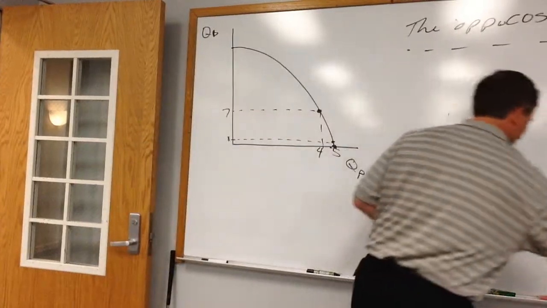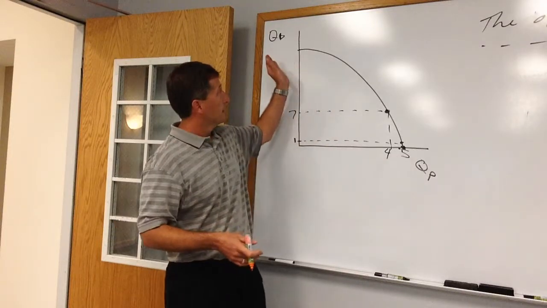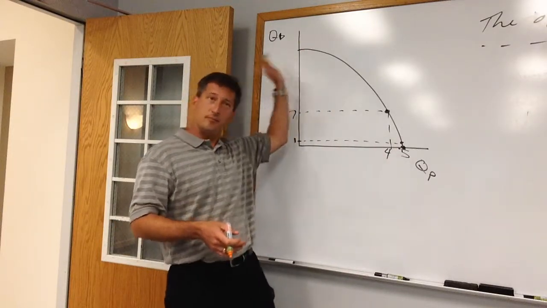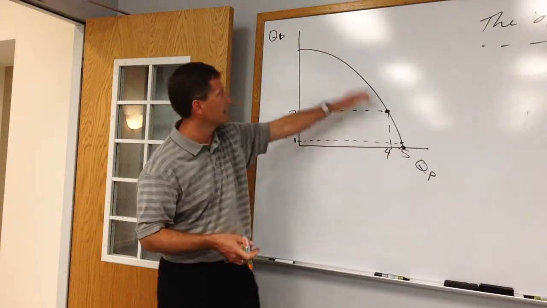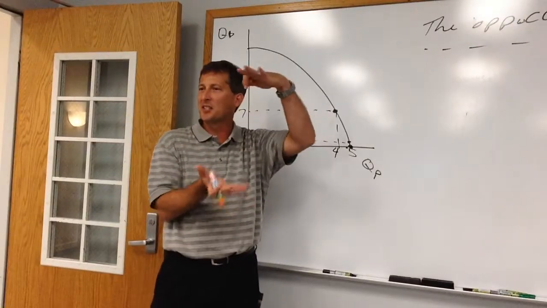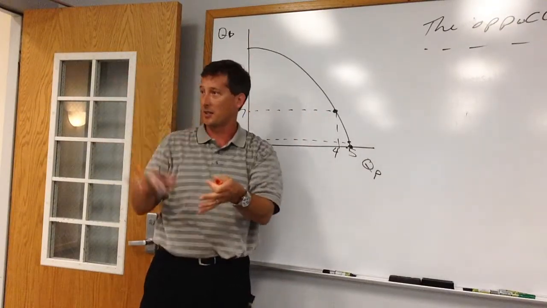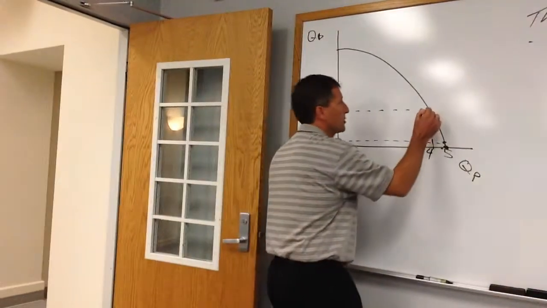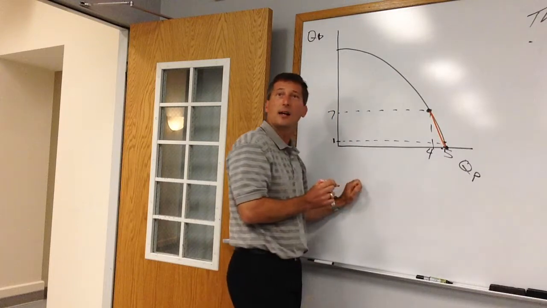So what we've really done, and maybe I should back up one step, the theoretical production possibilities frontier is a nice curve. You're going to see that in the books, a nice smooth curve. But when I give you what we call discrete data of just the schedule, where it's this point, this point, this point, we're really making an assumption that between these 2 points, it's a perfectly straight line.